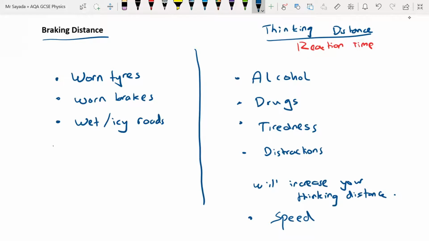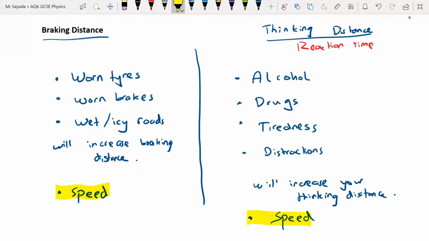All of those things will increase your braking distance. And then again, your speed will also affect your braking distance. So the only one that will increase your braking distance and your thinking distance is speed.